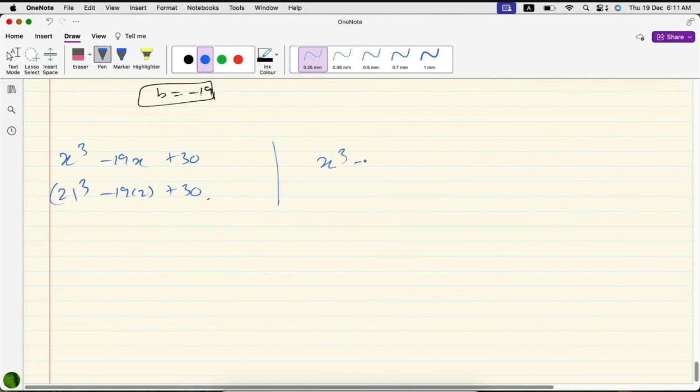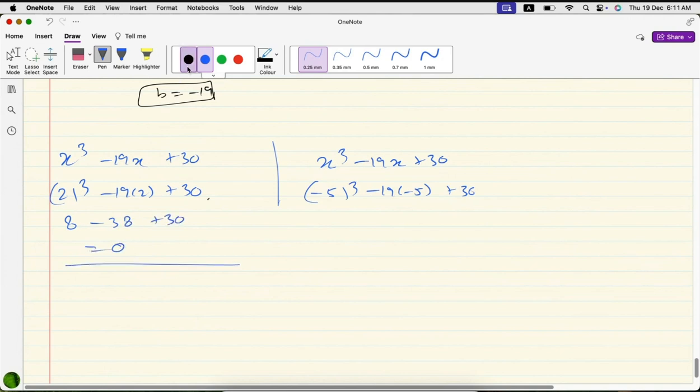And the other one is minus 5 cube minus 19 into minus 5 plus 30. 8 minus 38 plus 30, we're getting 0. So that means the values are correct. Minus 125, 19 into 5 is 95, plus 30, getting 0 again. So a and b are correct.